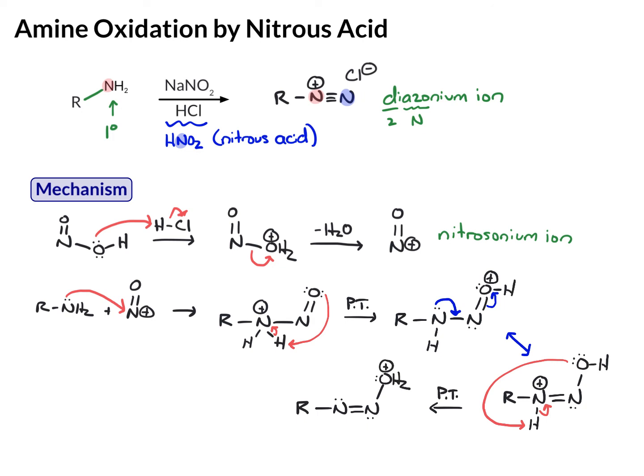And now we get this structure. From here, we have water attached again, which we know is a good leaving group. So what we can do is use this lone pair on the nitrogen, push that down to form a triple bond, and kick out water as a leaving group.